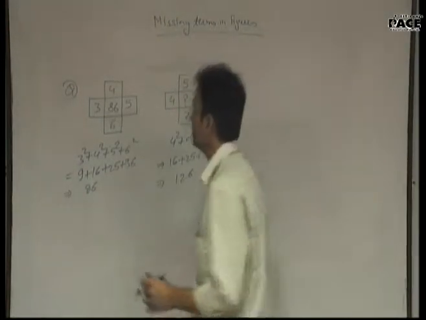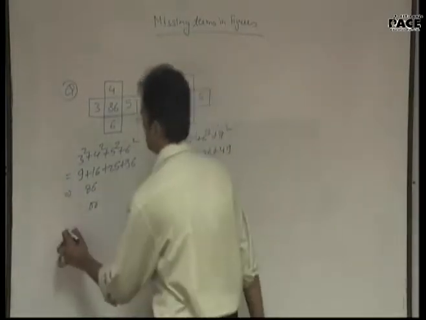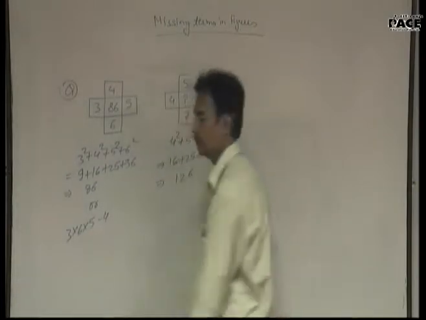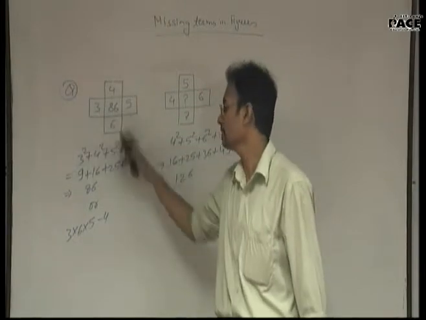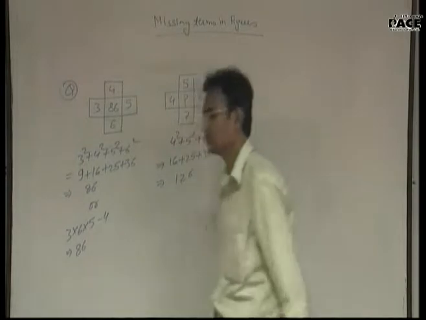But at the same time, if you apply a different logic, like 3 into 6 into 5 and minus 4, we are separating this number from the multiplication of all these three numbers, we are getting 86.